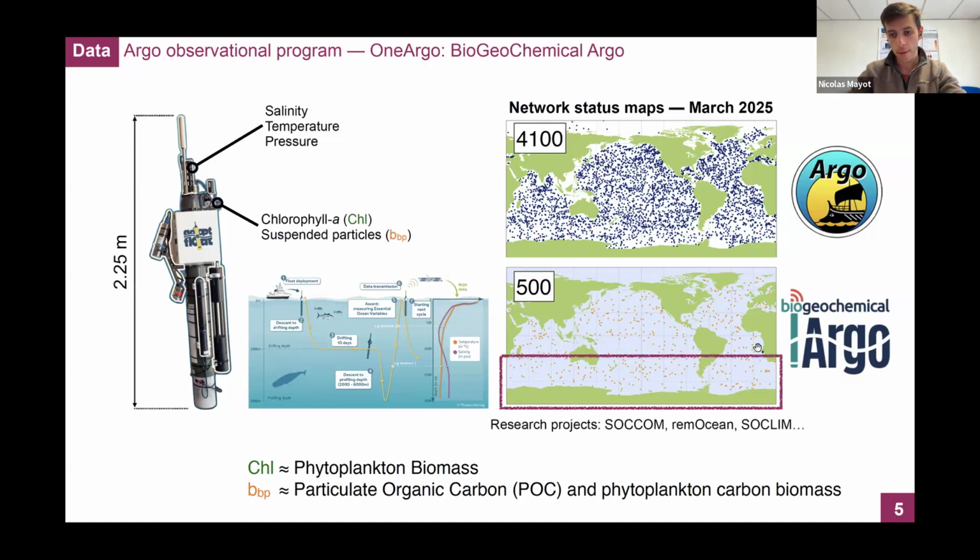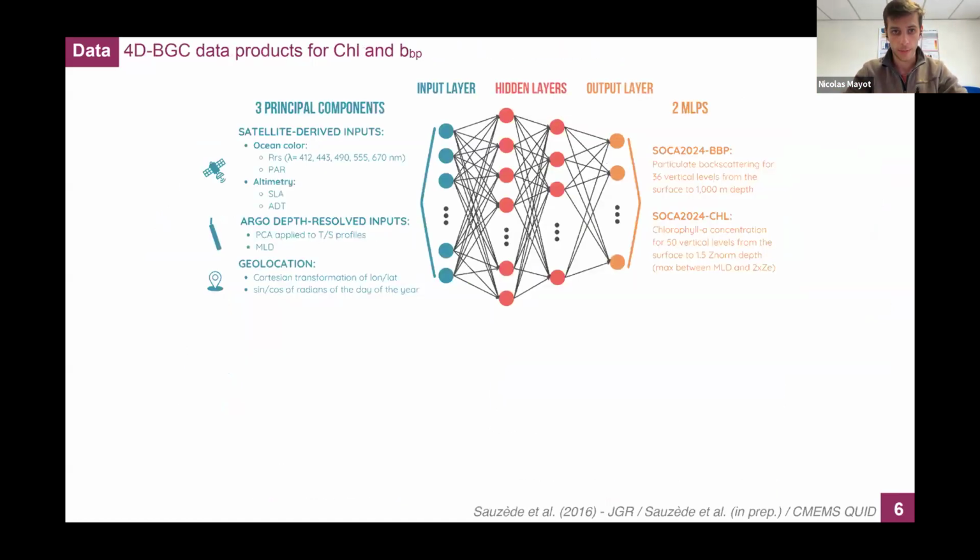And I have to mention here that the Southern Ocean has been particularly well sampled with these Argo floats through several important projects, namely SOCCOM, Rainbow Sail and SOCLIM, for example. And so this provides a good database to get some information in this Southern Ocean.